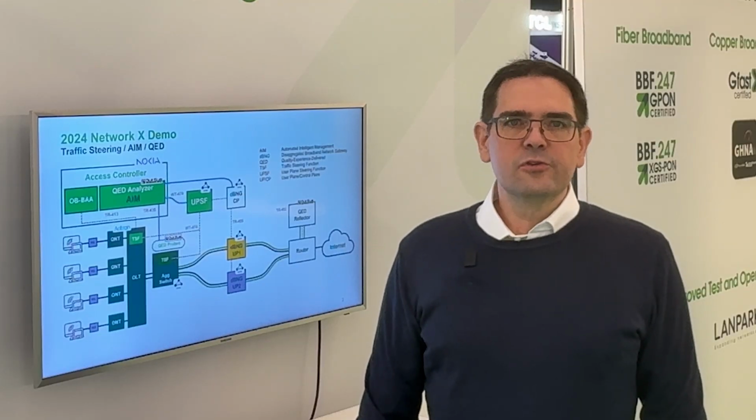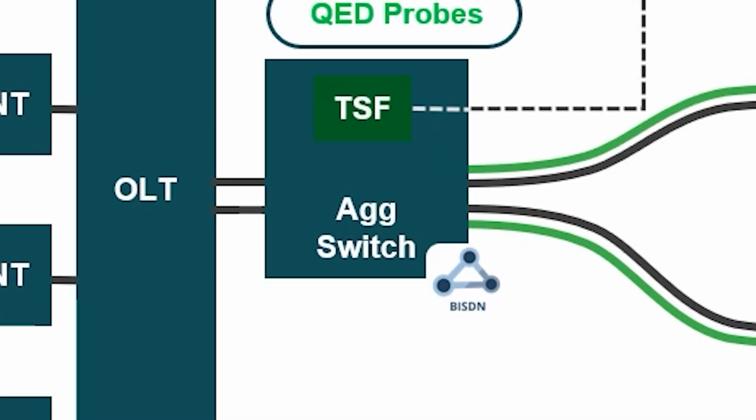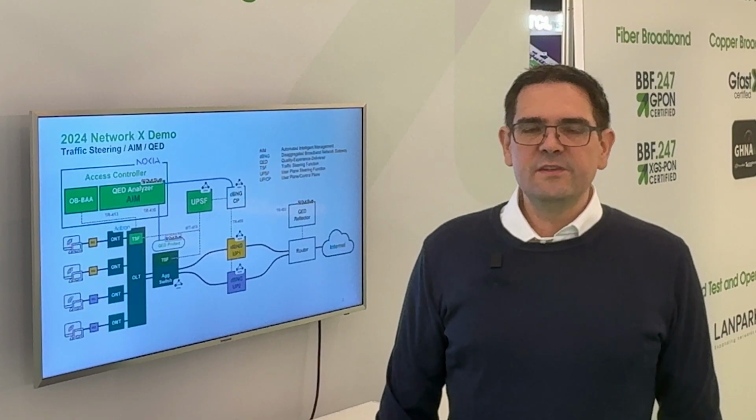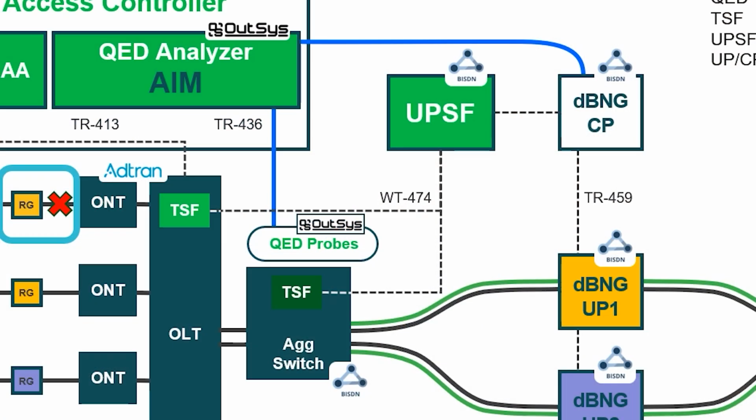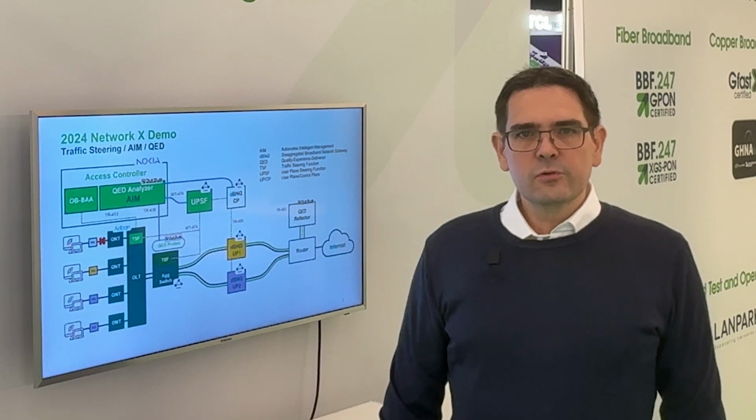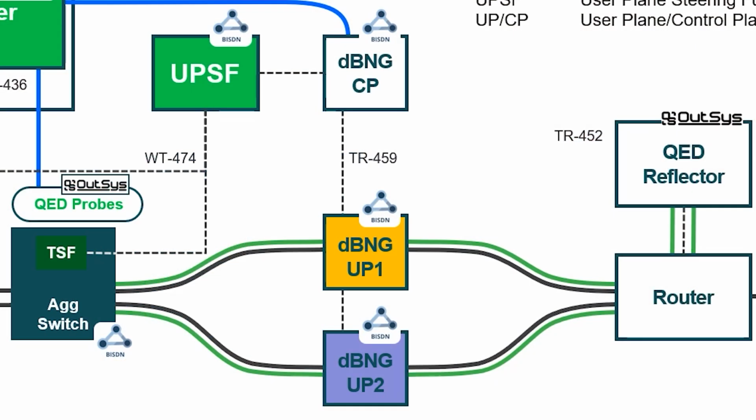BISDN has contributed three elements to this demo. As a starting point, the aggregation switch, which is run by BISDN Linux, an open source white box operating system. This was complemented and extended with OpenSteer, an implementation of the SSS protocol. It's open source and available on GitHub. The last component is our cloud-native BNG.